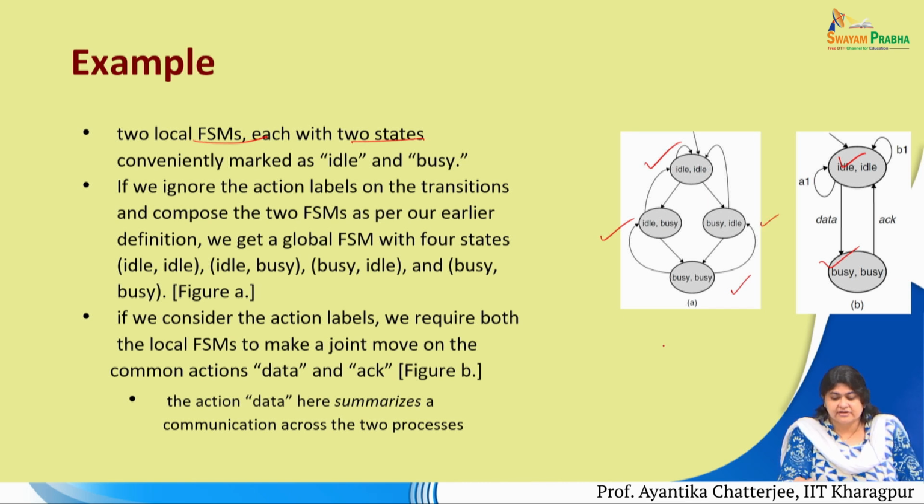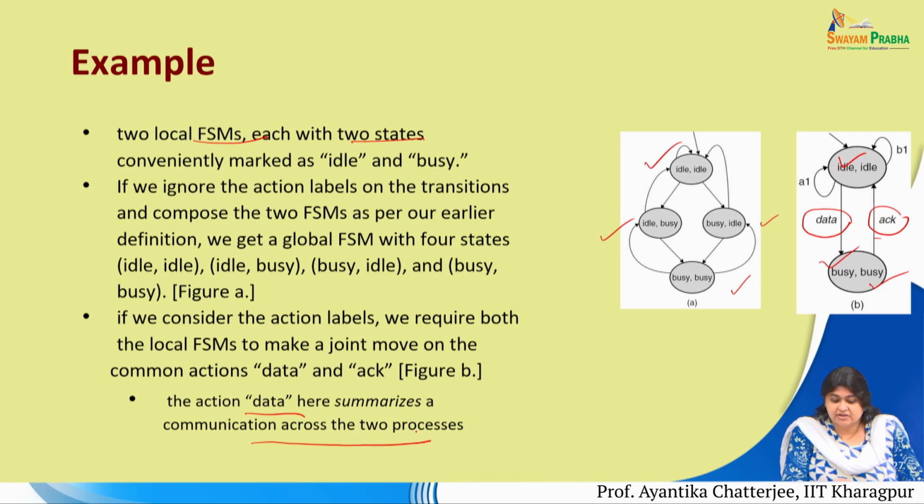But see, in this figure A, there is no action defined. When we are defining the communicating FSM, we consider a few states, and along with that, we consider some actions. These transitions are possible when these actions are true, and this action, data or acknowledgement, summarizes a communication across the two processes.